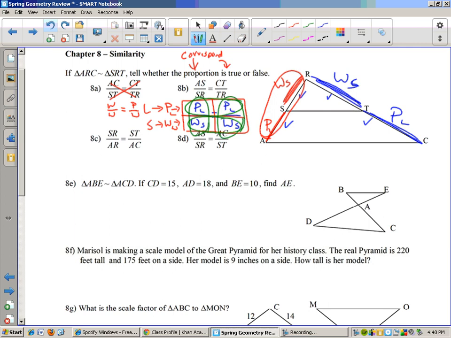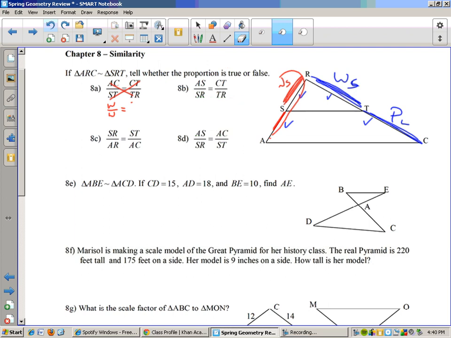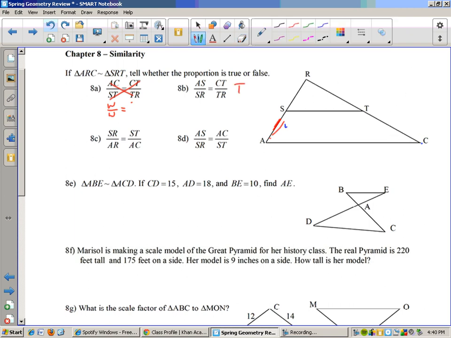Partial of that side to the whole of that side, partial of that side to the whole of that side. This looks good. We can do this one. So yes, this is true, and this is false.